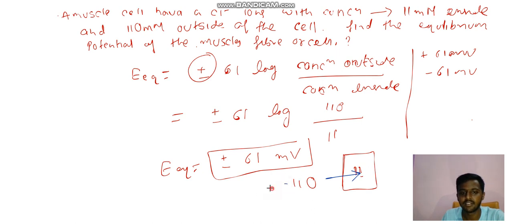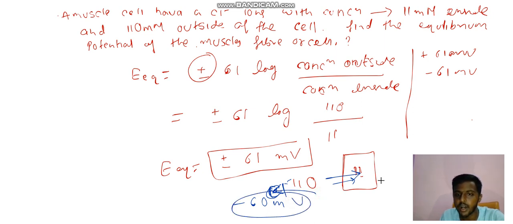So this is potassium ions, chloride ions. Okay, so we will see that the charge moving inside will be negative, more negative. So the charge will be minus 60 millivolt.